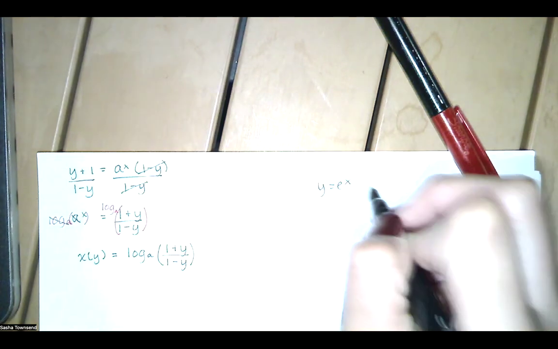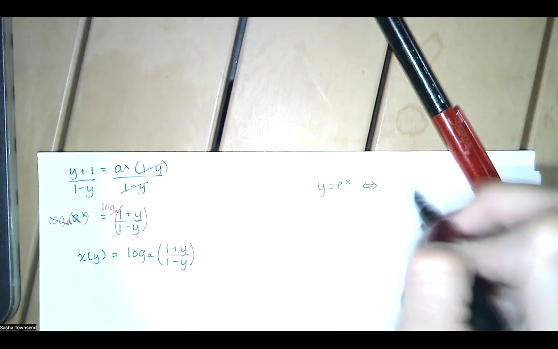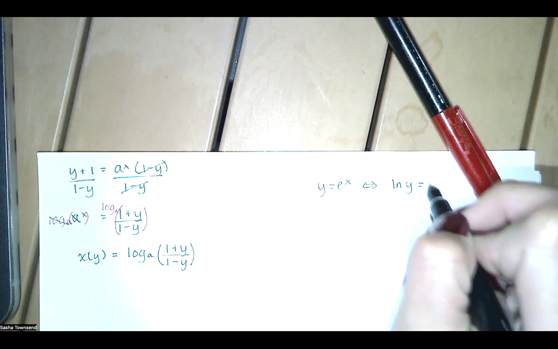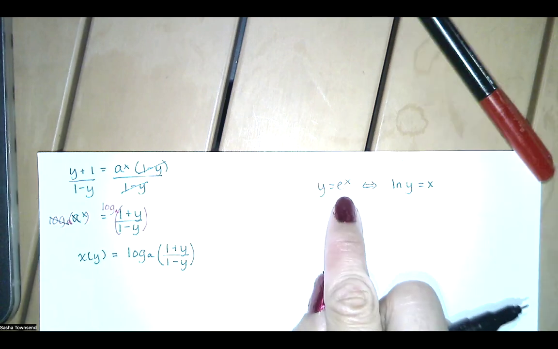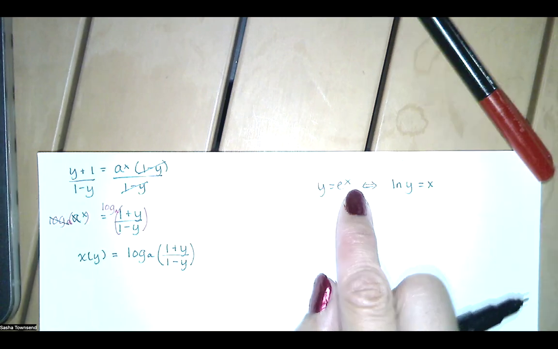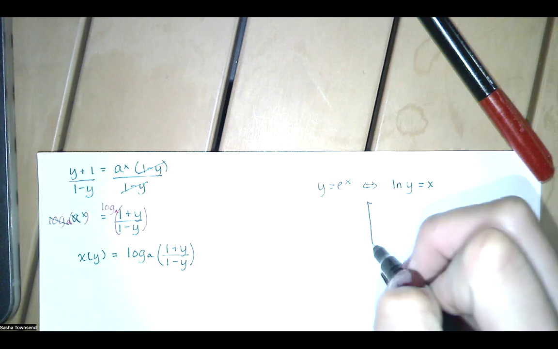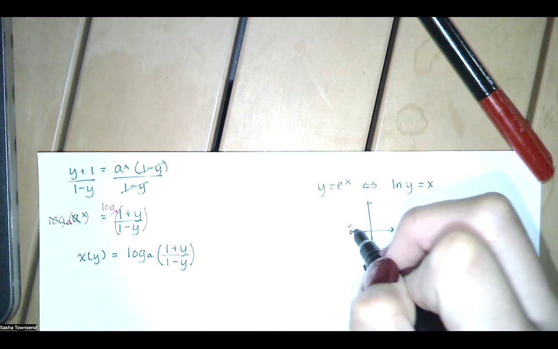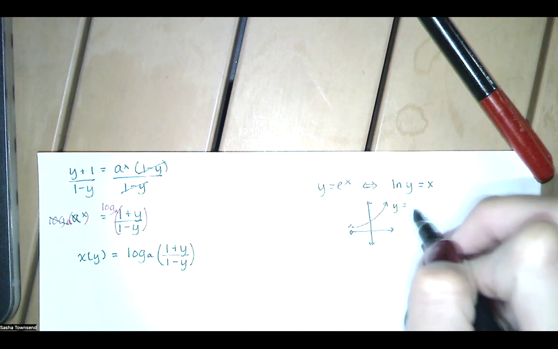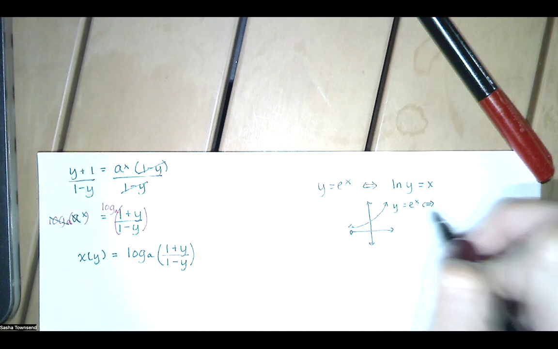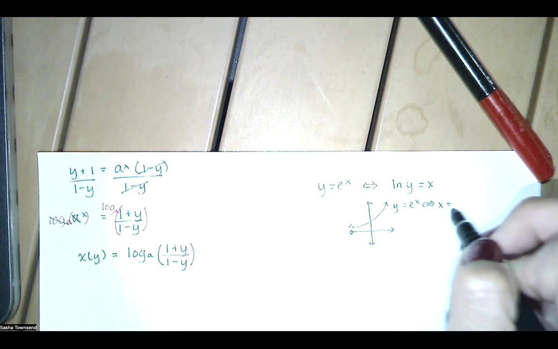It's like taking y equals e to the x and saying that's equivalent to, well, if I take the logarithm of both sides, natural log of y equals x. So here I have y as a function of x, and here I have x as a function of y. But either way, if I graph those, it's just the graph of y equals e to the x. So these are just two different ways of saying the exact same thing.